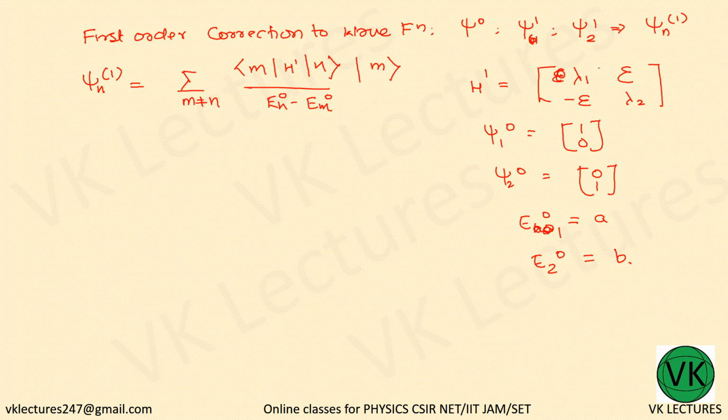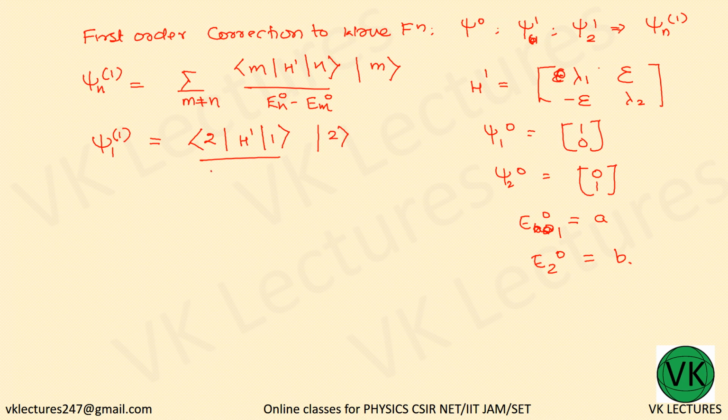So if I want to find psi 1 of 1, the first order correction to the first state, I have to start with 2 h dash 1, acting on the second state, as long as it is not equal to 1. If there is another state 3, I have to add 3 also.